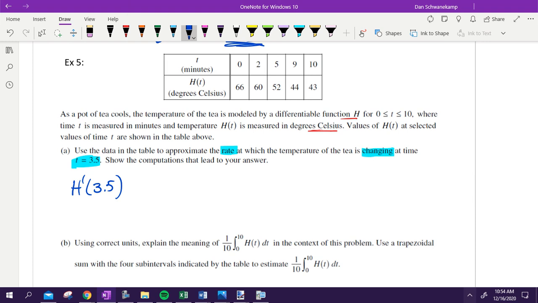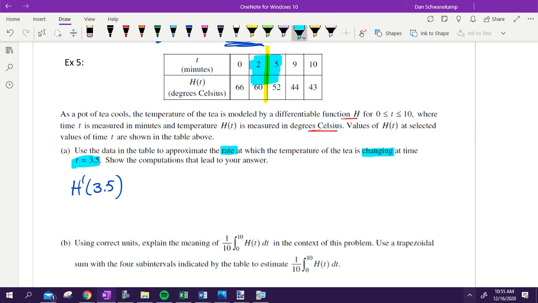But all they gave me was a table. I can't find the derivative of a table. What could I do instead? Approximate it. How am I going to approximate that? Yep. Here's 3.5. It'd fall right here. So if 3.5 is going to fall right there, what number should I use instead?